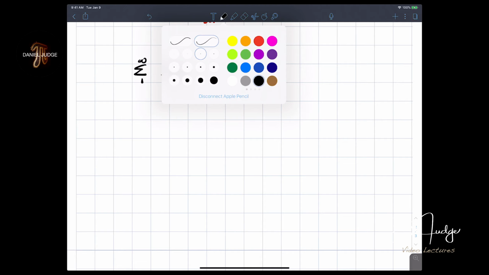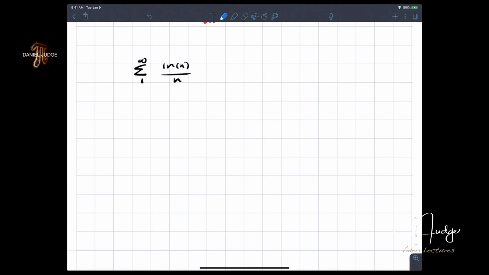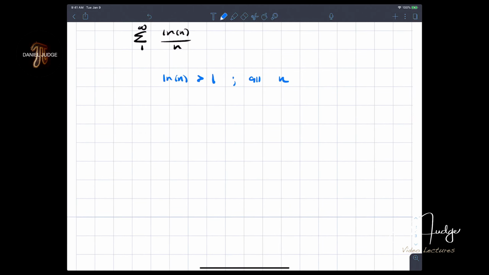And so here's what they want you to consider, right? The natural log of n is actually bigger than 1 for all n, I think, for n greater than what? Remember, n is going to be 1, and natural log 1 is 0. Then n is 2.